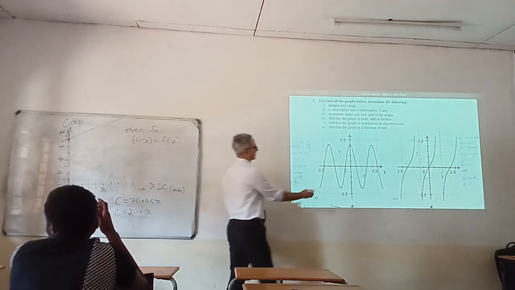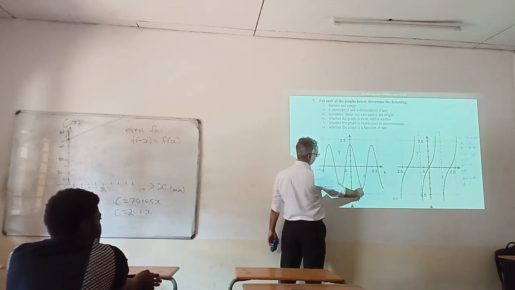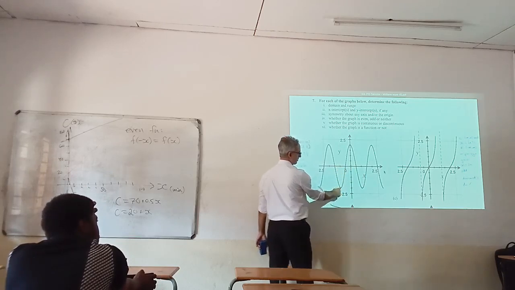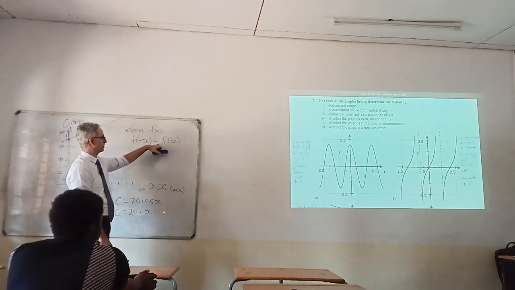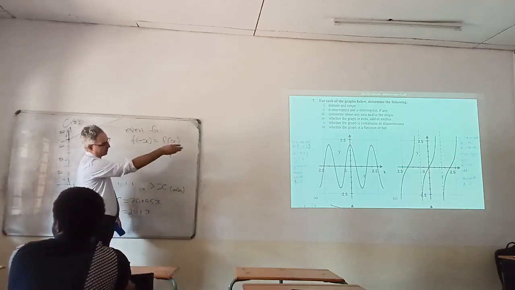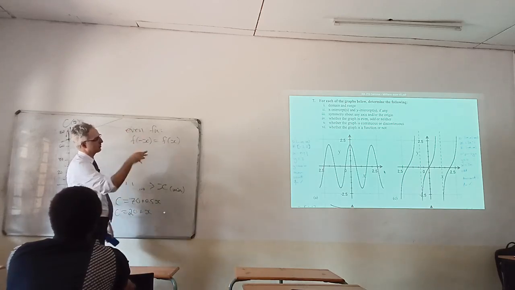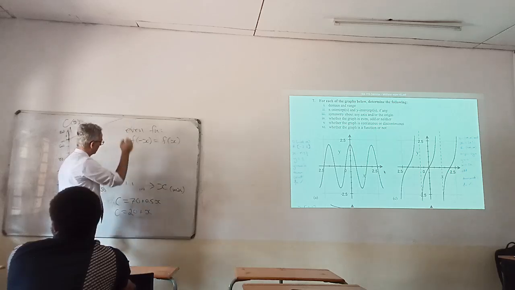So I can check. F of 1 is minus 2. What is f of minus 1? Also minus 2. So f of minus x equals f of x, and it's true everywhere, which means it's a mirror image. So an even function has a y-axis symmetry.